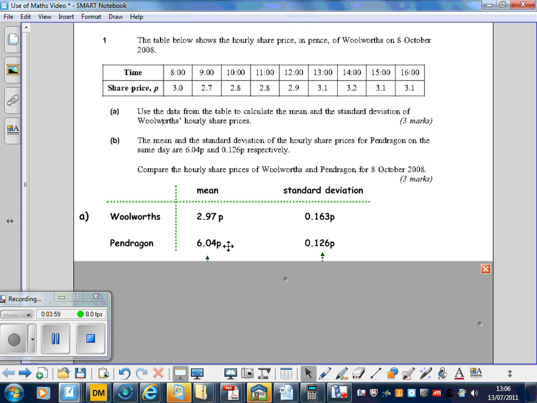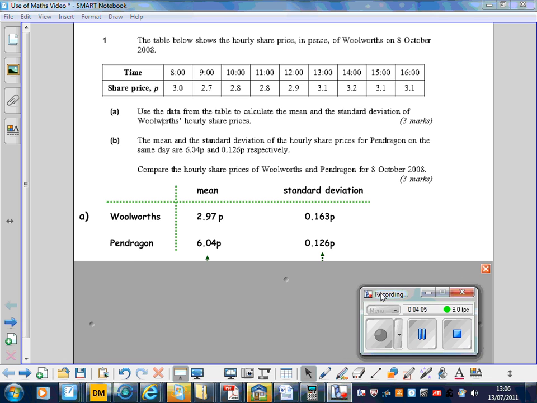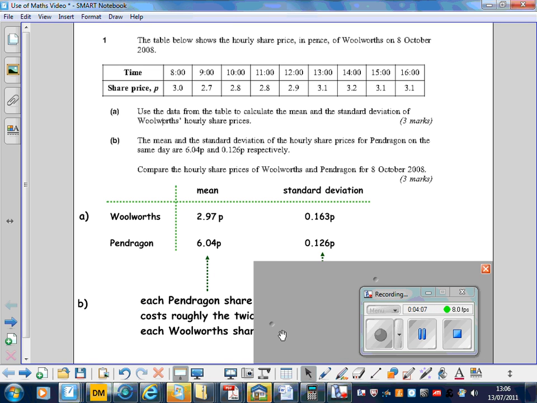So doing a bit of rounding, you can see that the Pendragon share prices are going to be roughly double those of Woolworths. Okay, so your first mark there is for saying that each Pendragon share costs roughly twice each Woolworths share. Then we can compare the standard deviations. Well, they're similar, but the Woolworths one is higher.